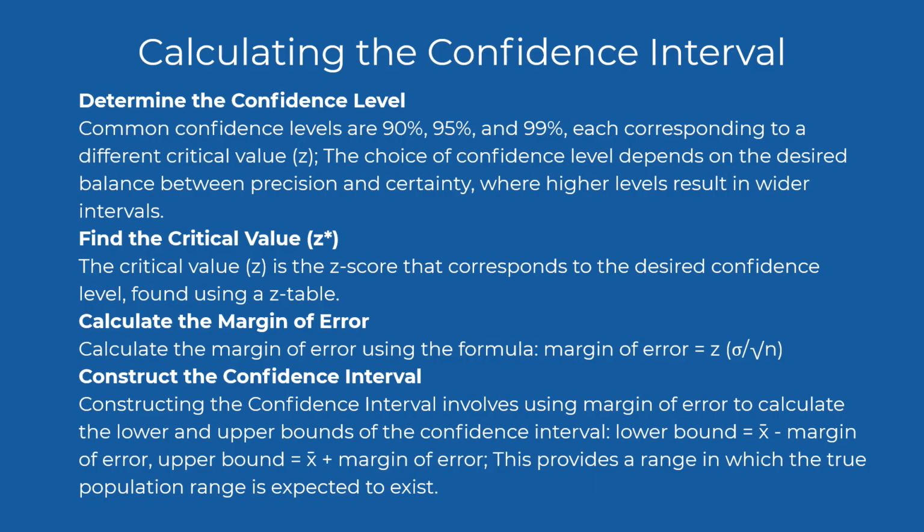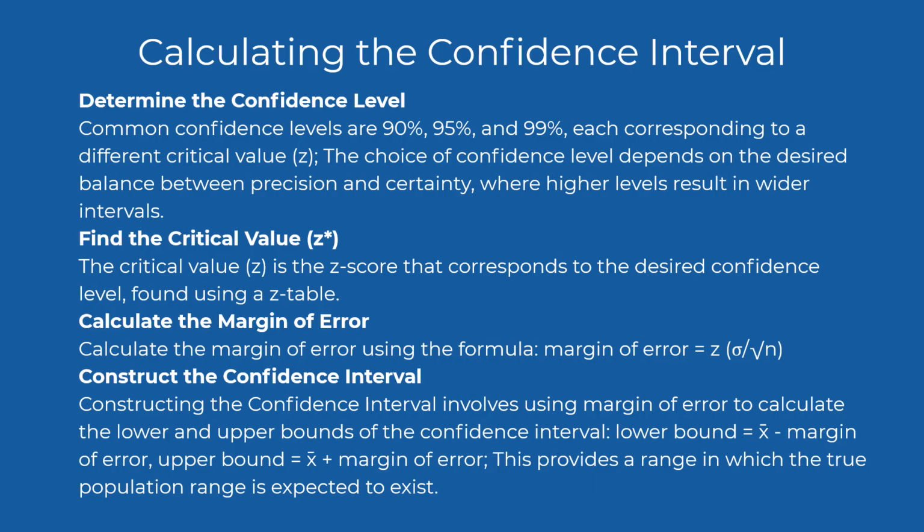Okay? Next would be to calculate the margin of error. So the margin of error is equal to Z, or the critical value, times the population standard deviation over square root of n. And then lastly, you can now construct the confidence interval based on the given format in the previous slide. So we have your lower bound, which is x bar, the sample mean, minus the margin of error, and the upper bound, which is equal to the sample mean plus the margin of error.